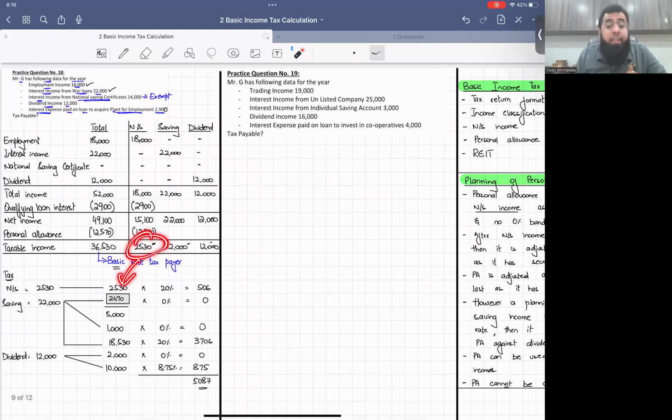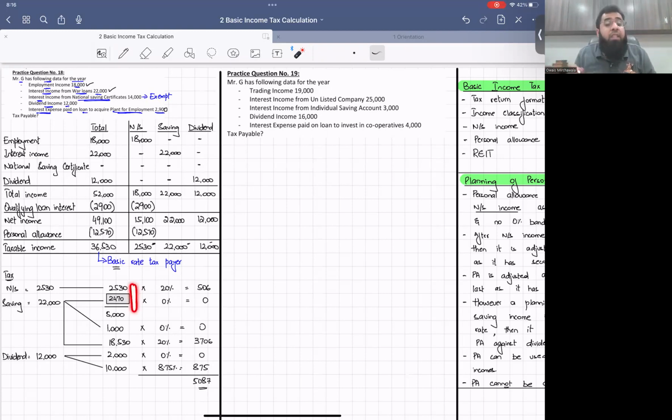2,530 goes in the basic rate band. Now, saving income. The first 5,000 pounds are taxed at 0% if they lie in the first 5,000 pounds of taxable income.